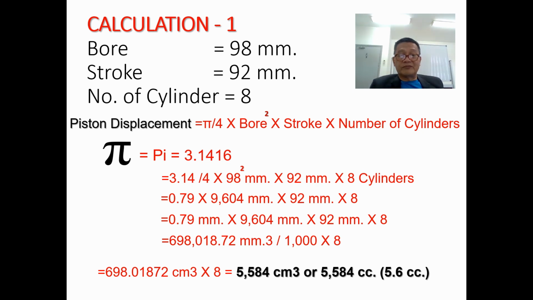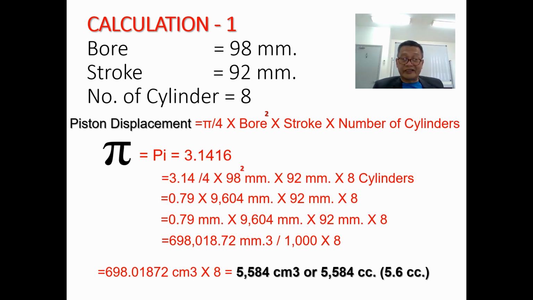For example, if our bore is 98 millimeters, the stroke is 92 millimeters and the number of cylinders is 8. So 3.14 divided by 4 is 0.79. Then 98 times 98 is 9,604 square millimeters.